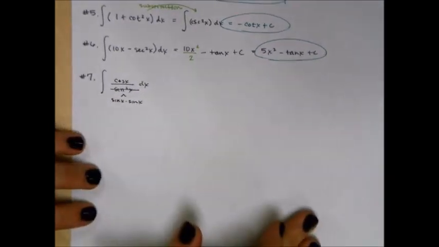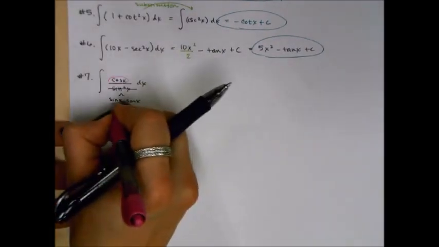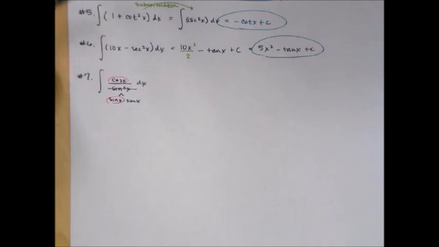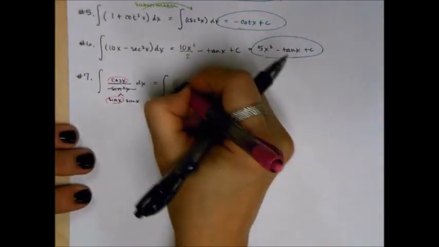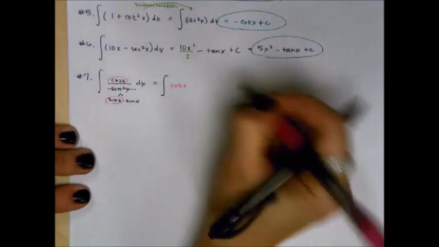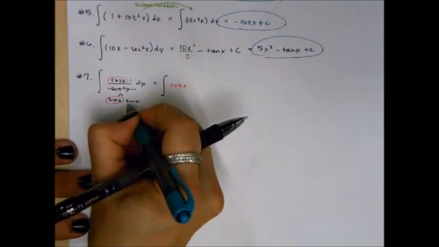So cosine over sine, I can rewrite as cotangent. What remains is 1 over sine. Now 1 over sine is cosecant.